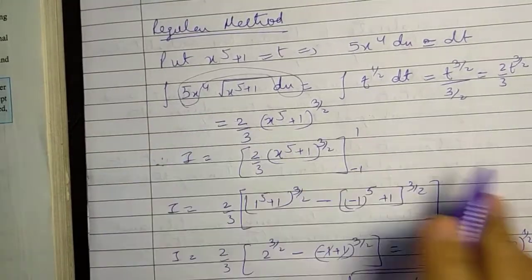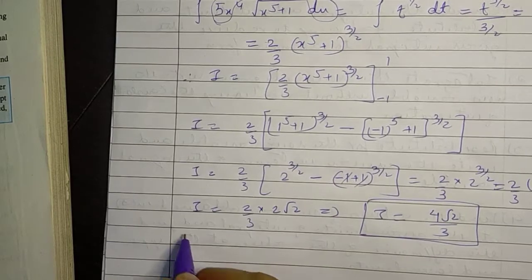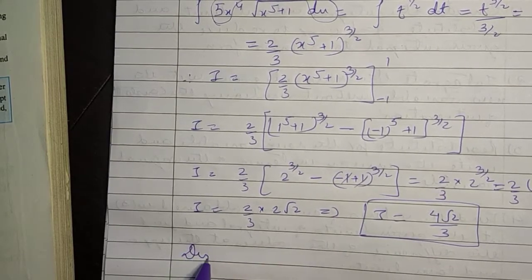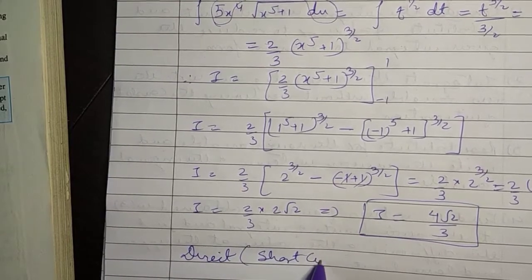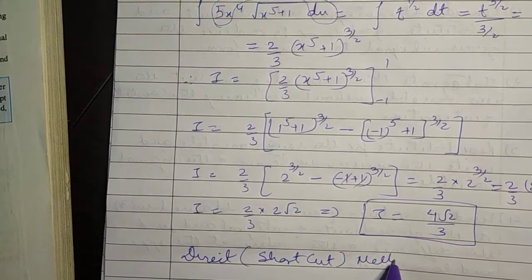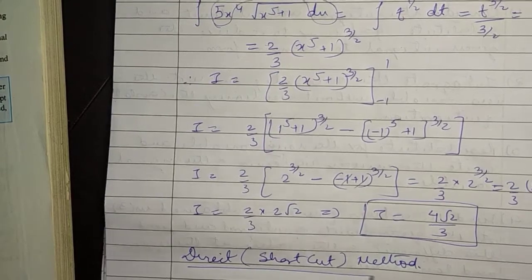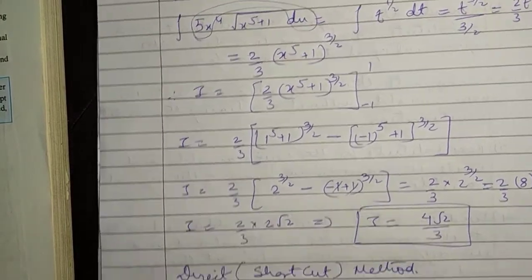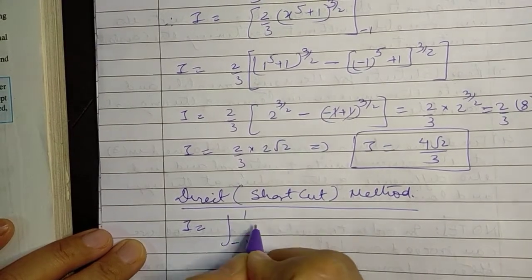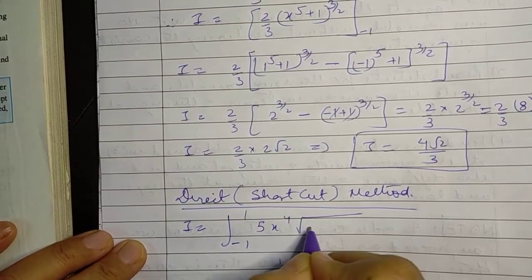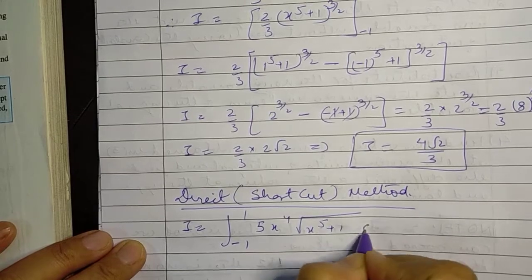Now let's see by the shortcut method or the direct method what we get. The initial step is the same, that is we are starting with I is equal to the integral from minus 1 to 1 of 5x raised to power 4 square root of x raised to power 5 plus 1 dx.